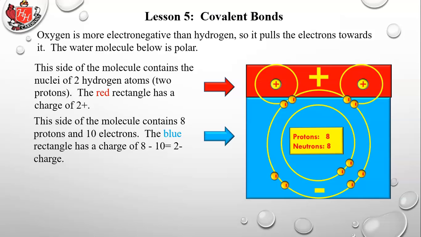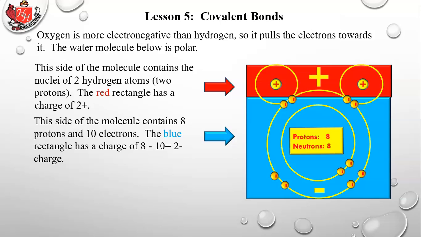This side of the molecule contains 8 protons and 10 electrons. The blue rectangle has a charge of 8 - 10, or 2- charge. So look down there in the blue. If you count the electrons, they're all in the blue, so that's 10 electrons in the blue. And there's 8 protons from the oxygen atom, so that's 2 more electrons than protons, so that's a -2 charge.